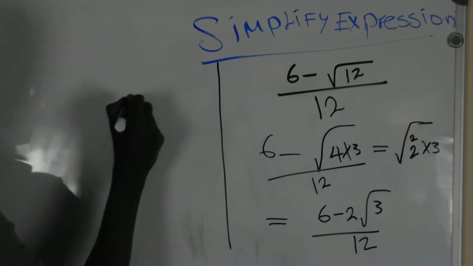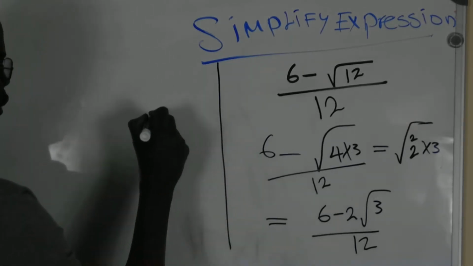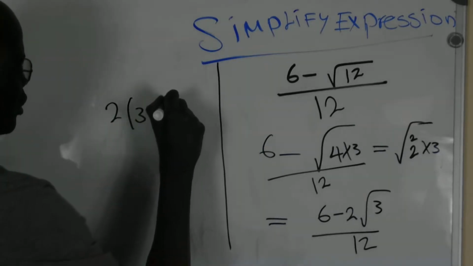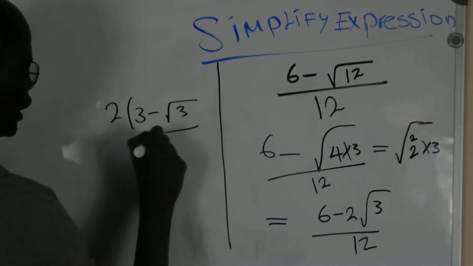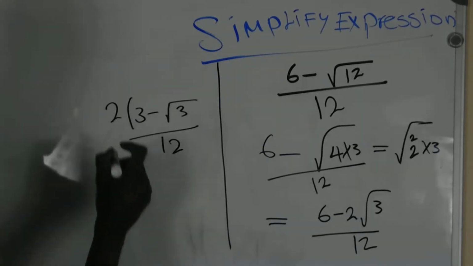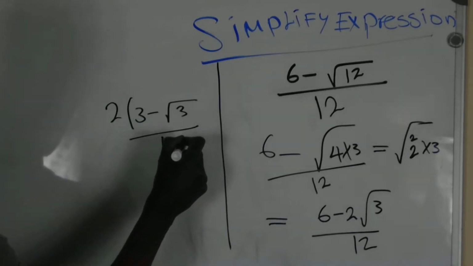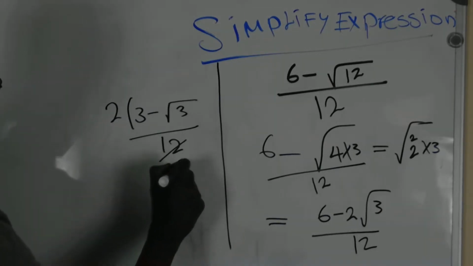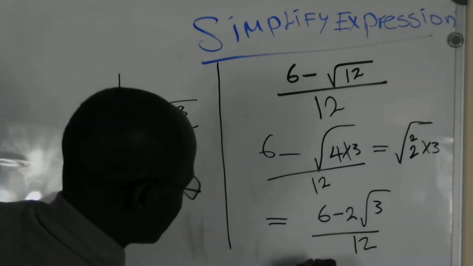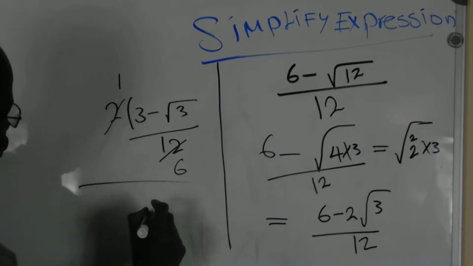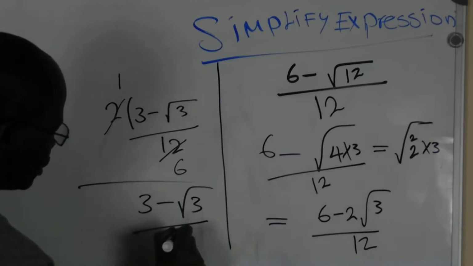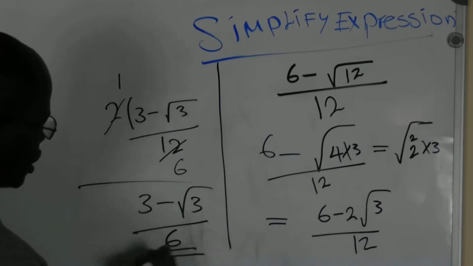What we're going to do is take 2 out, so it will be 2 times 3 minus root 3, all divided by 12. Then we divide by 2: 12 divided by 2 gives 6, and 2 over 2 gives 1. So the answer should be 3 minus root 3, all divided by 6. And that's your answer here.